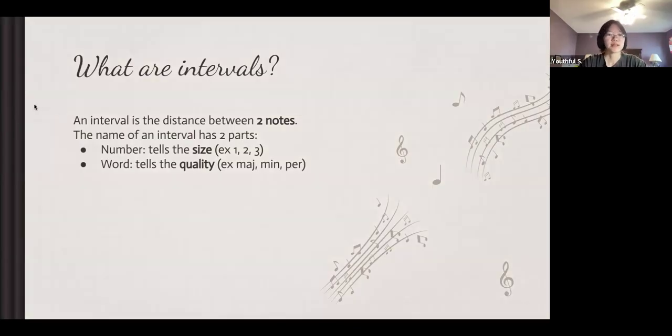So basically, once again, you guys probably already know this, an interval is a distance between two notes, and we have a number and a word to tell us about it. So we have the size and the quality. So we could have a major second, or a minor third, or a perfect first, things like that. So the word comes before the number.